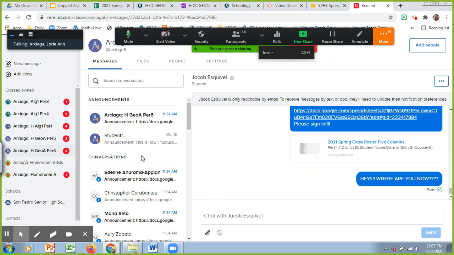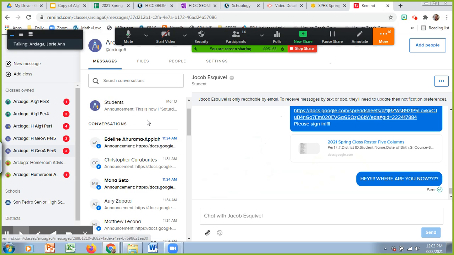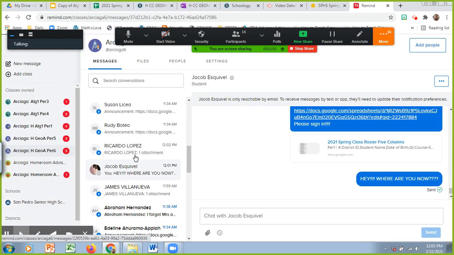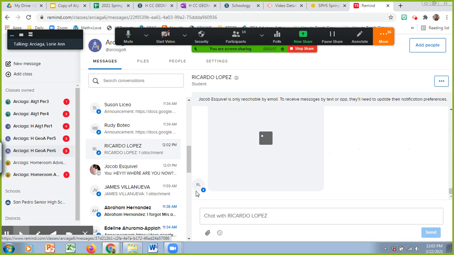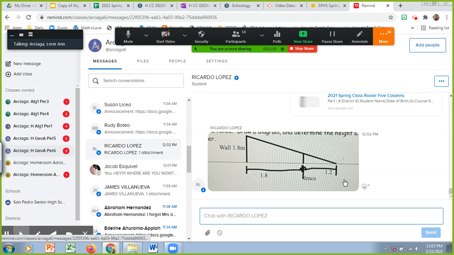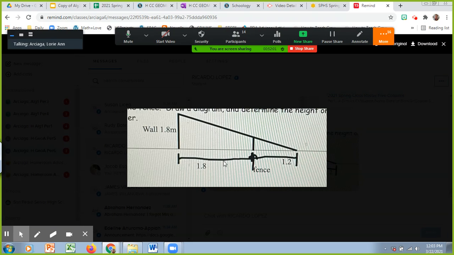Okay, Ricky, let's find Ricky. Right there. Nice. Okay, so wall is 1.8. That's great. This is the fence. 1.2. No, this 1.8 is for the fence.